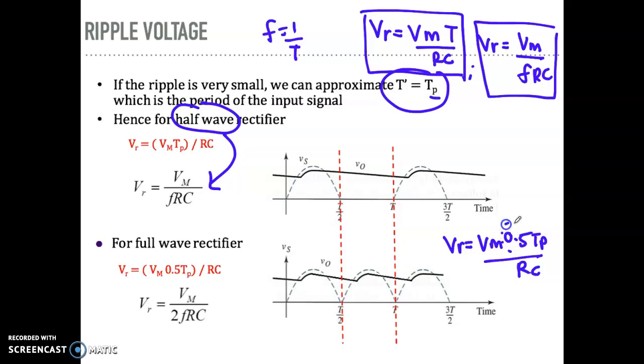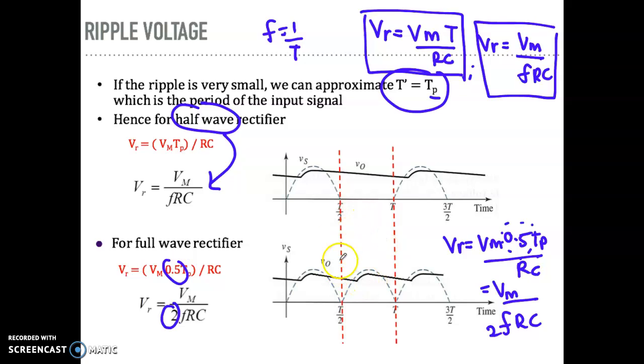So there is an additional 0.5 here. So if I change this one, Vm over T, you bring down F, 0.5 you bring down to RC. So with full wave rectifier, you have an extra 2 here because here is 0.5.